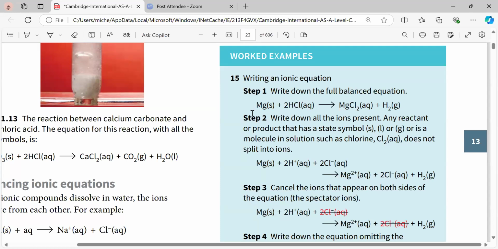We can see magnesium 1 on the left side. We also have 1 on the right side. Okay, magnesium is balanced. And now we have two hydrogens on the left and 2 hydrogens on the right. It's balanced. We have 2 chlorine on the left and 2 chlorine on the right side, meaning that chlorine is also balanced.